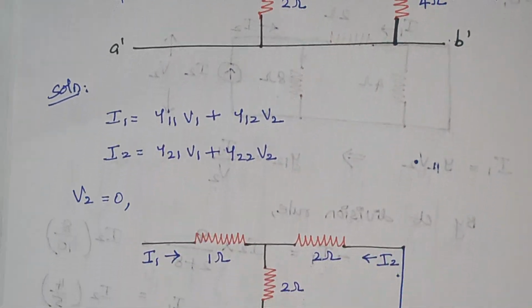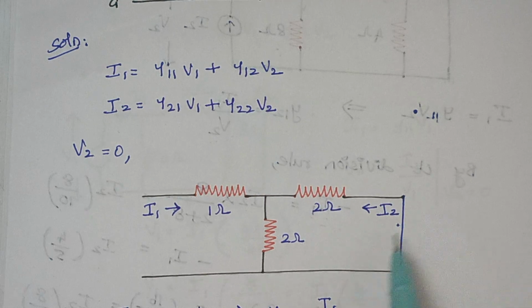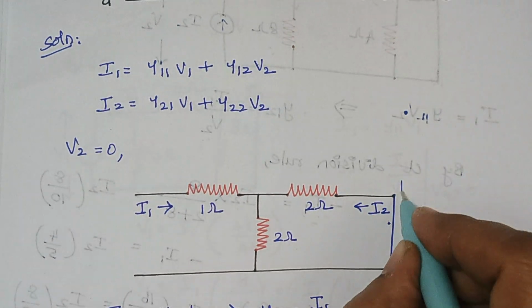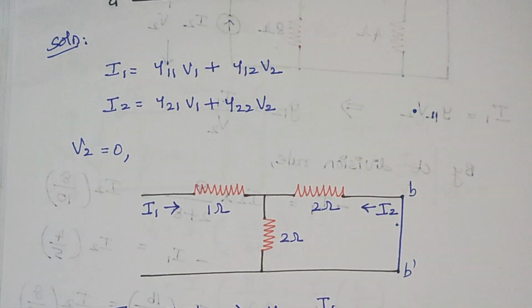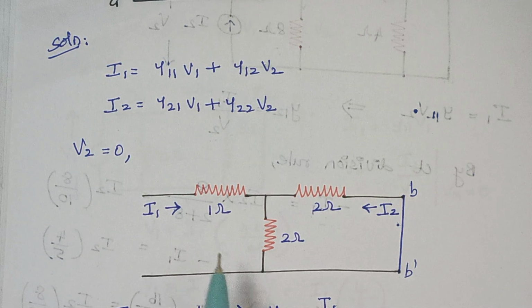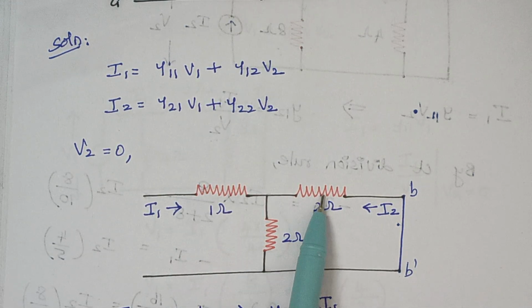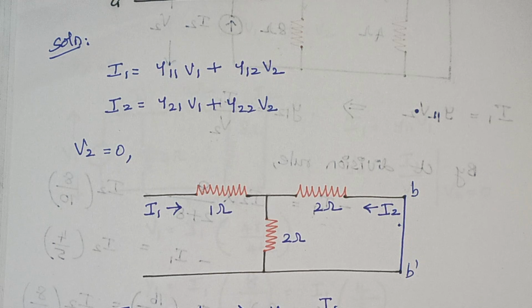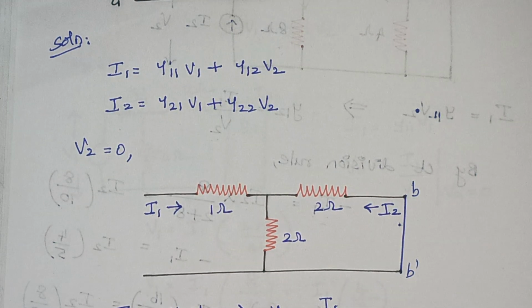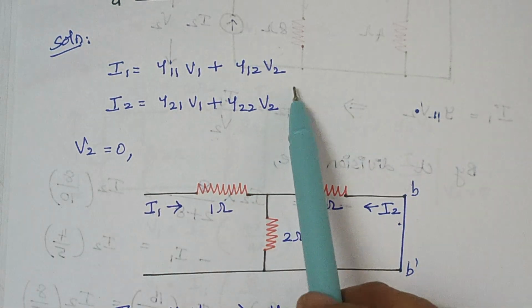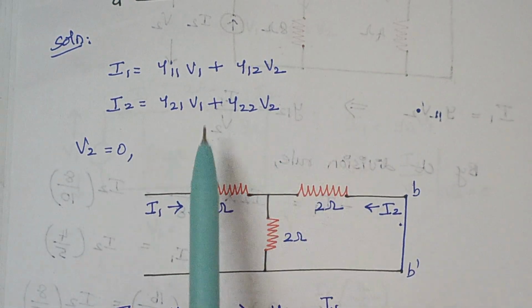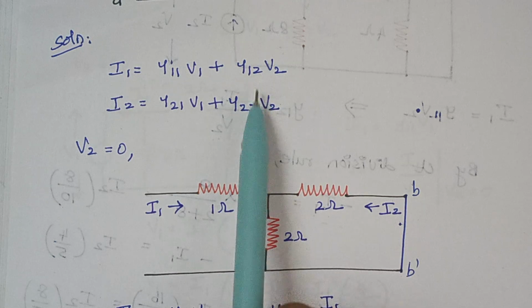So this is how the circuit diagram will be when this port B dash is short circuited. We will be having only 3 resistors and the resistor of 4 ohm is neglected. When you look at these equations, when V2 is made 0, obviously these two terms will be 0.